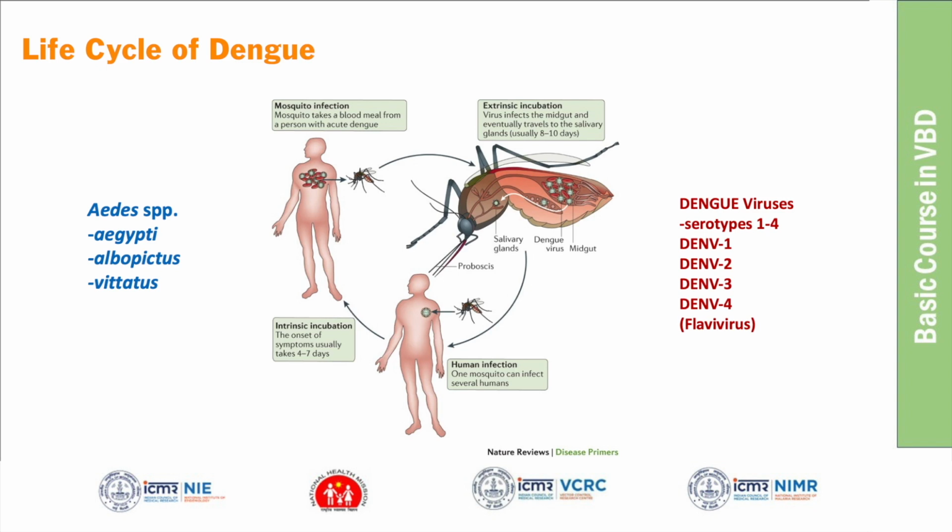So when these viruses multiply, then obviously from the gut they lodge themselves into salivary glands, and it's a very simple cycle that transmission occurs.